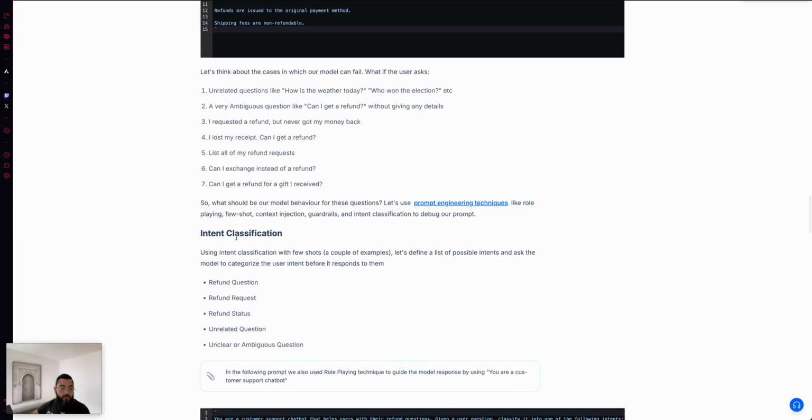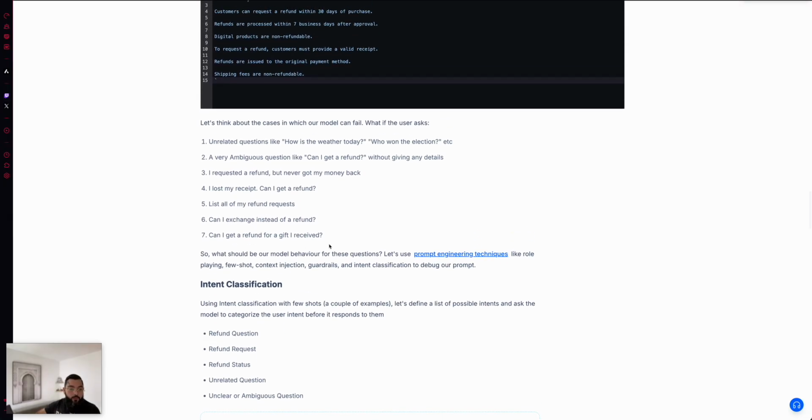One is intent classification. So we gather more than 7 for sure for a real world application, make it 20, 30 different questions, or use an LLM to generate different types of questions that can lead our model to hallucinate, and define different intents that our users can have.